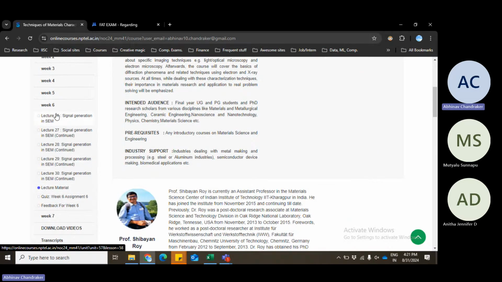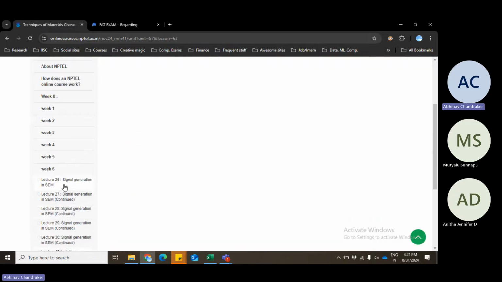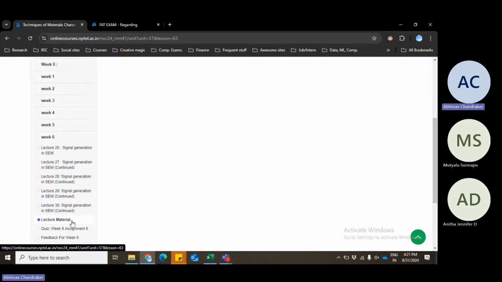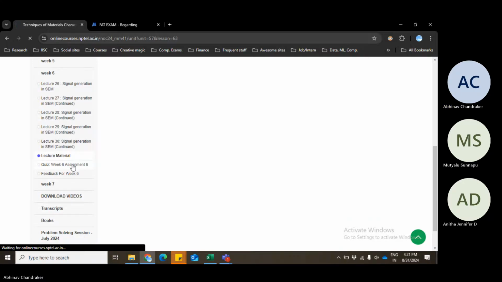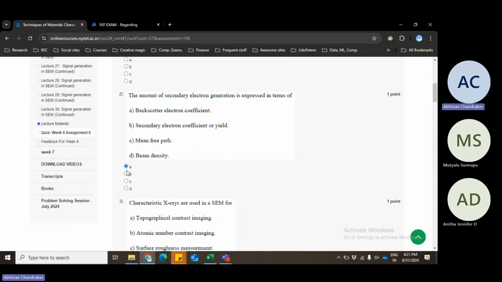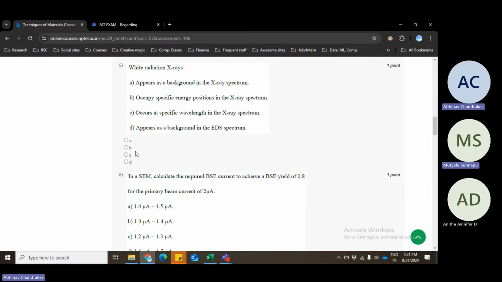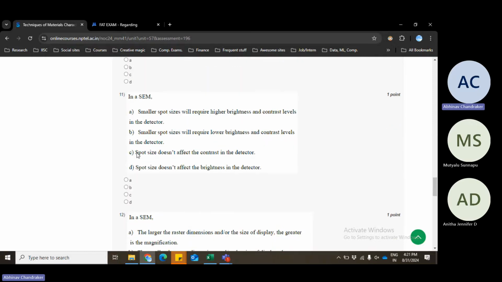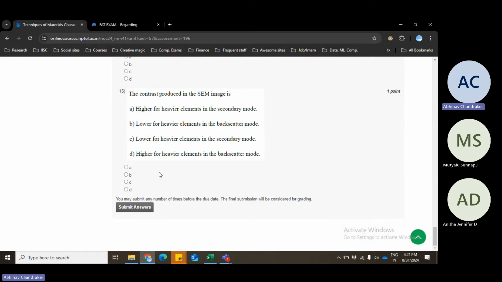Here you have the lectures, video recordings, and the slides for downloading, and after that you have the quiz, the sixth week quiz. Here you can fill in whatever options you choose, from 1 to 15, and just submit it. That's all.